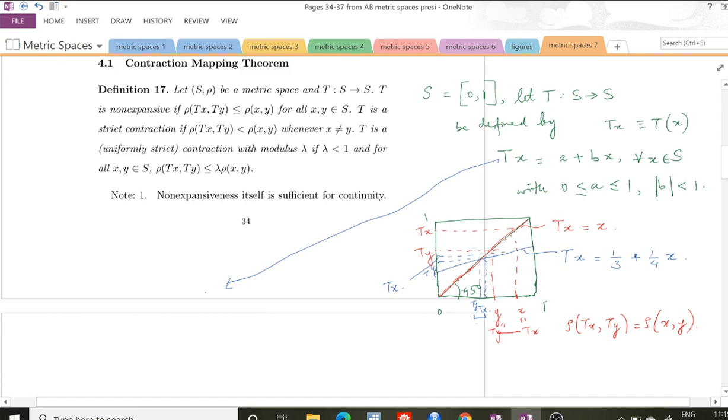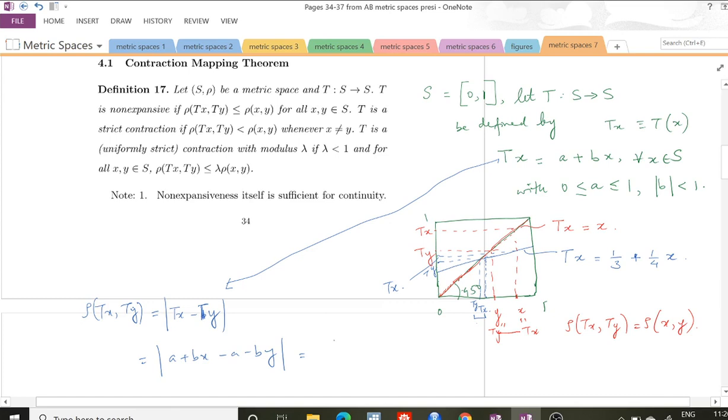So if that's the case, then what's happening here? So we have rho(Tx, Ty). In this example it is just the absolute distance between Tx and Ty. So that's |a + bx - a - by|.